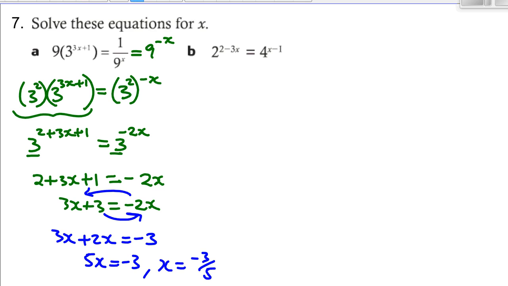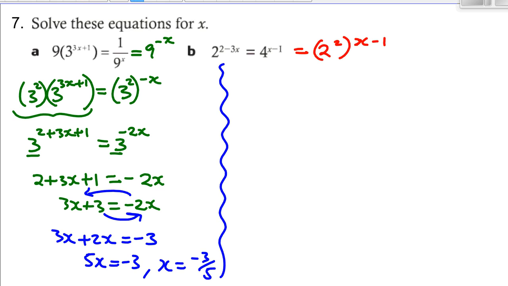Okay, how about the next one on the right? For the next one on the right, we'll pretty much do the same thing. So this is 2 to the power of 2 to the power x minus 1, which is equal to 2 to the power 2x minus 2.